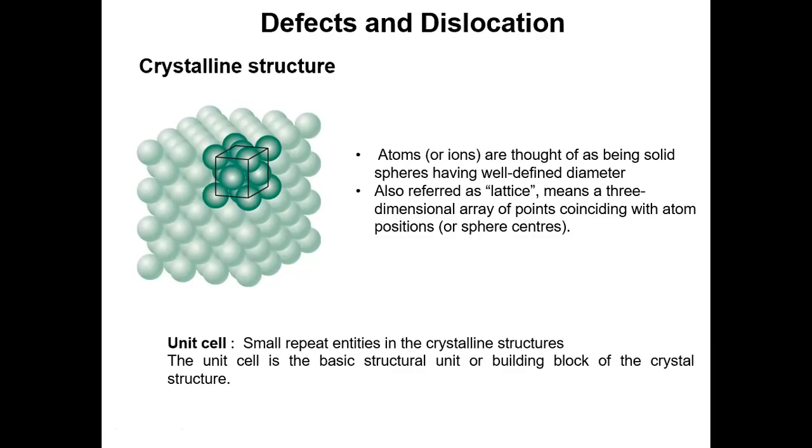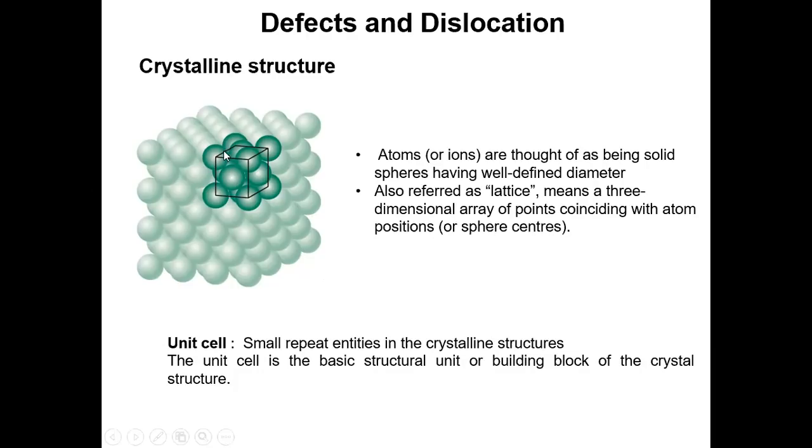In a crystalline structure, it is not convenient to consider all the atoms to describe its properties. So we choose a unit cell. A unit cell is a small repeat entity in the crystalline structure. For example, this is the unit cell of this structure.